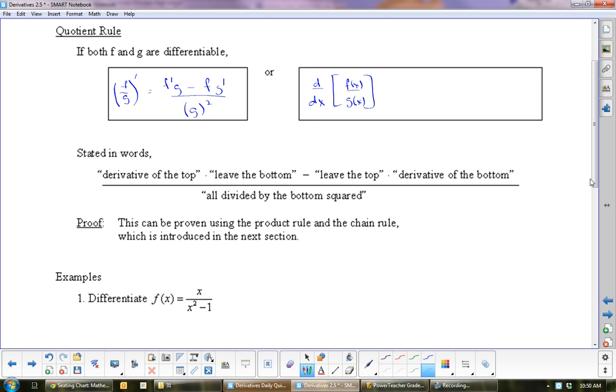This would be g of x times d over dx of f of x, minus f of x times the derivative d over dx of g of x, all over g of x squared.